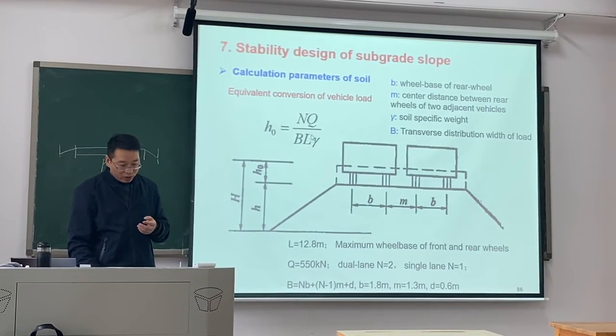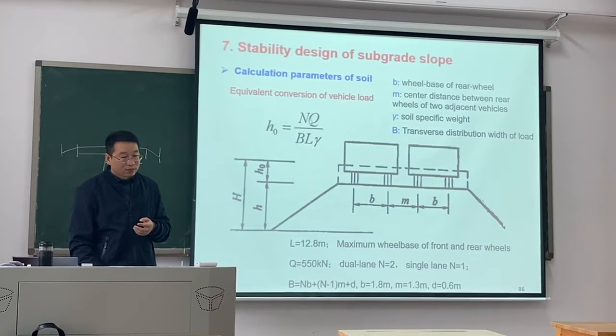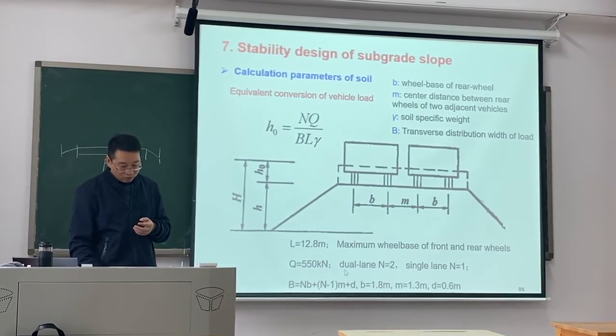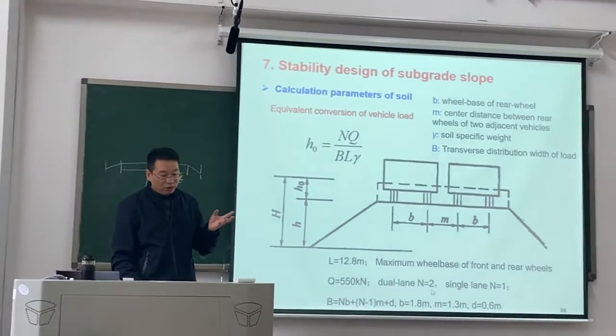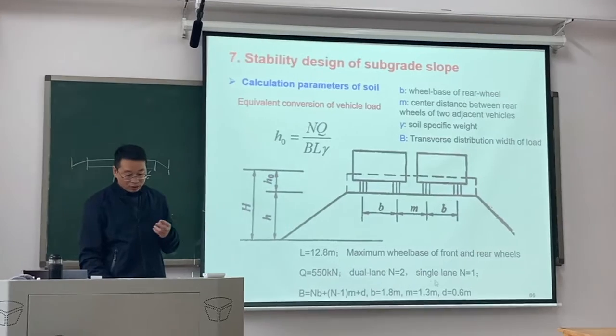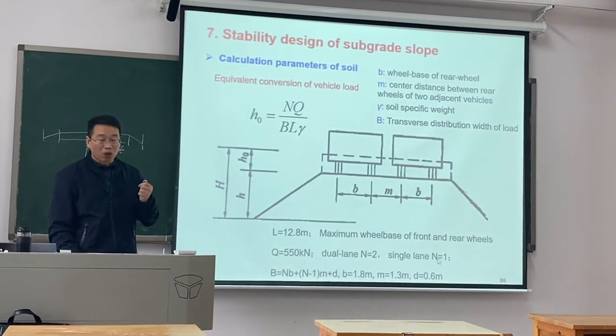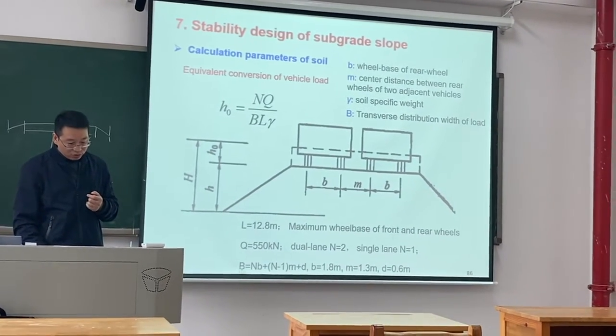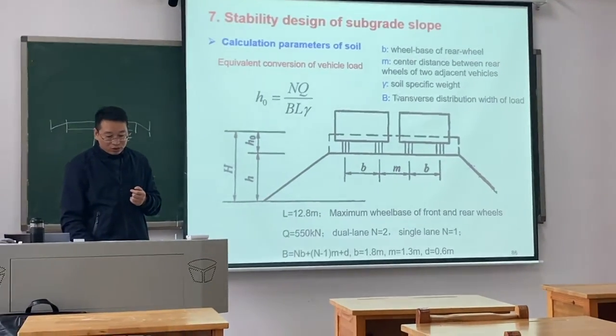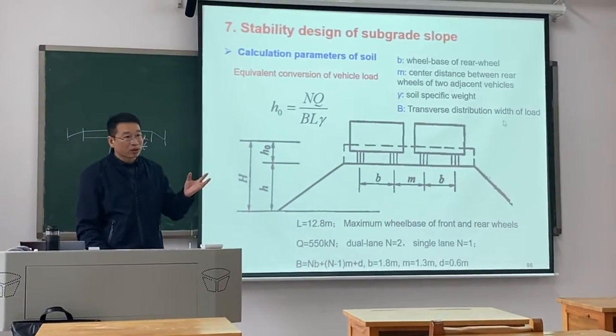But for N, for dual lanes, N is 2, and for a single lane N is 1, and we use this to calculate the transverse distribution width of load.